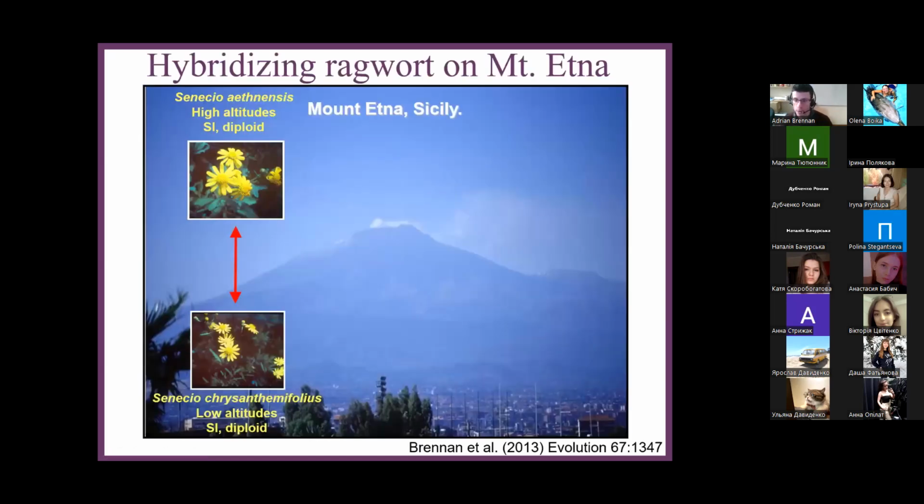Okay, so I'm going to talk a little bit about my own research in self-incompatibility and how it evolves. The system that I worked with for my PhD are the ragworts, the Senecio, and the particular species that I worked with is an endemic species called Etnensis that grows at the top of Mount Etna in Sicily.